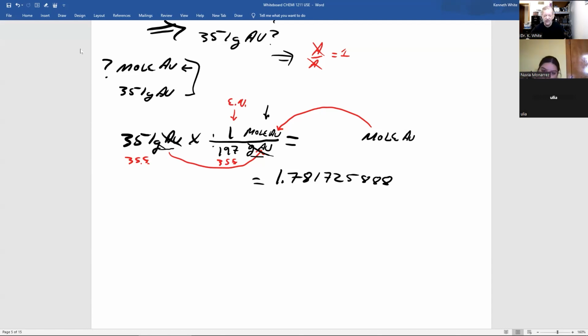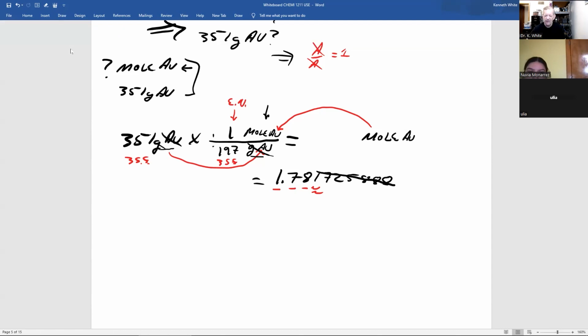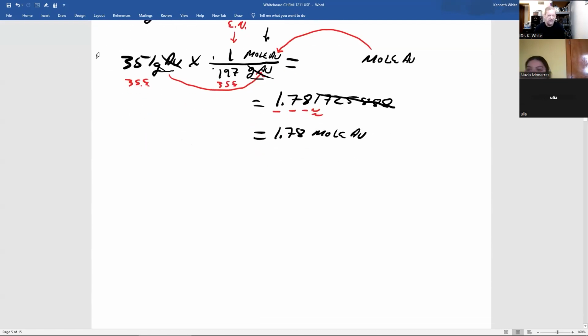So how do you round this off to 3? Keep the 1, keep the 7, keep the 8. That's my 3 significant figures. Use the 1 to round off. That's 4 or less. So I drop all this, and the correct answer is 1.78 moles of gold. Now, remember, practice this and the other ones I'll be doing, and they're under practice problems too.